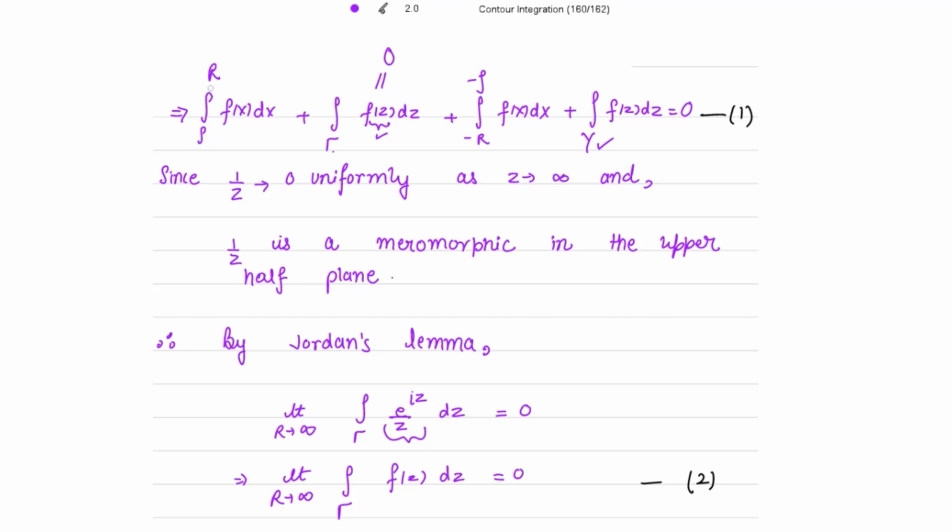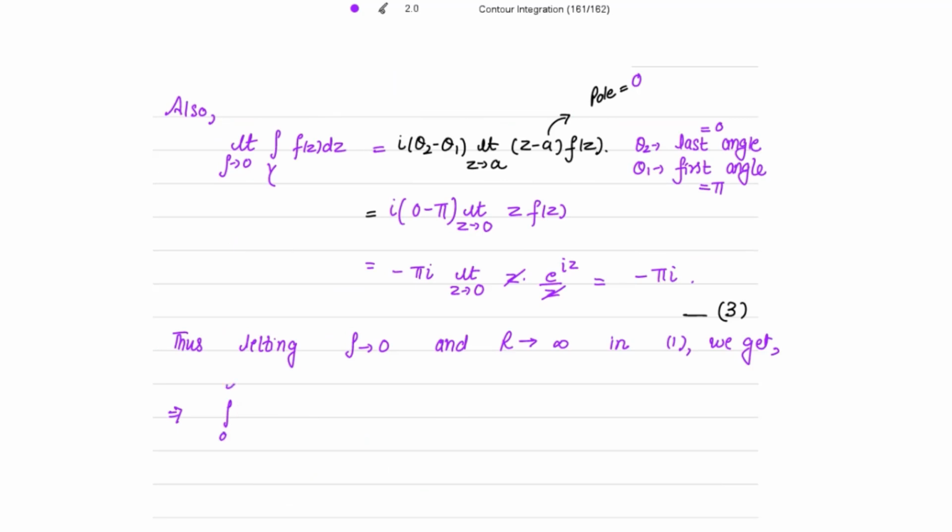Okay, now here I am having rho to r, letting rho tending to 0, r tending to infinity. So this is from 0 to infinity. The limit is from 0 to infinity, f of x dx, second integral is 0 by Jordan's lemma, and third is from negative r to negative rho. So negative infinity to 0, negative 0 is 0, f of x dx minus pi iota, because this last value we have just now calculated is negative pi iota.